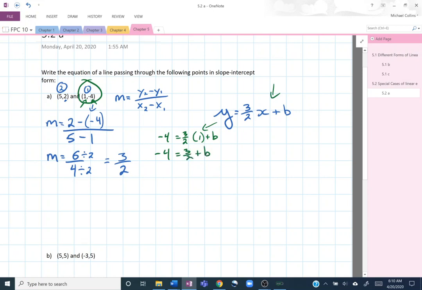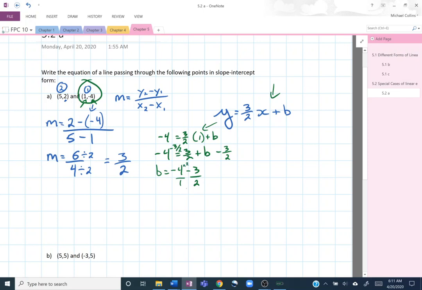What I need to do now to get b all by itself is subtract 3/2. I know some people are not the biggest fan of fractions, but there you have it. Negative 4 minus 3/2. Let's just do fraction work for funsies. I'm going to have to turn the 4 into a fraction, and then find a common denominator, which is going to be 2.